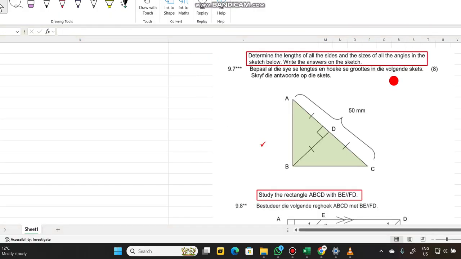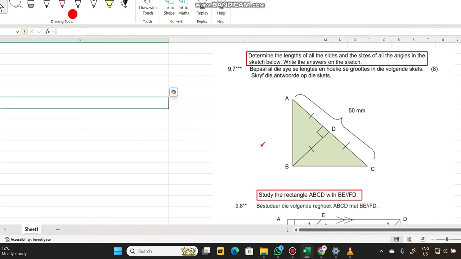With number 9.7, it asks you to determine the lengths of all the sides and the sizes of all the angles. Now, this is where you really need to show me what you learned this term, because I'll give you some clues. Look at the triangles, which ones are the same.